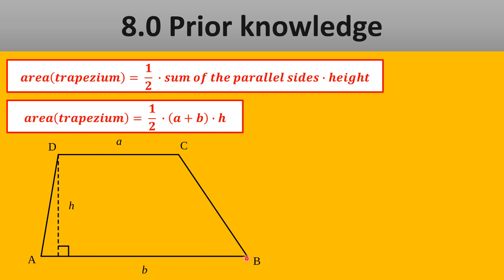A and B are parallel to each other, right? So we use those sides, add them up, and do it times the height. That was your trapezium.